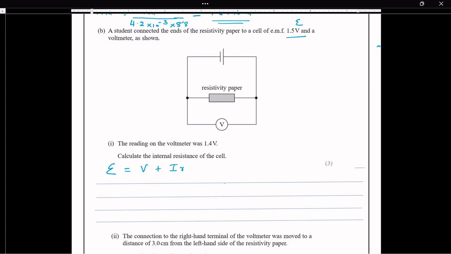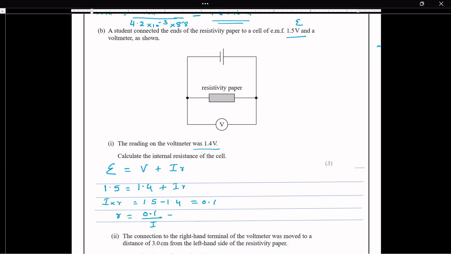This is E. So 1.5 equals the record on the voltmeter, that is V, 1.4, plus IR. So we have I times R equals 1.5 minus 1.4, which is 0.1. Therefore, R equals 0.1 over I.